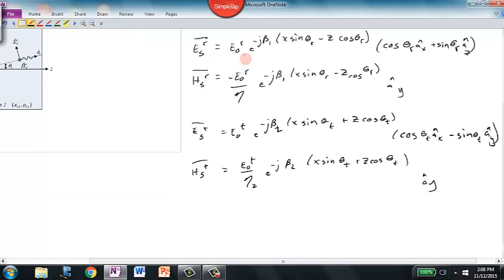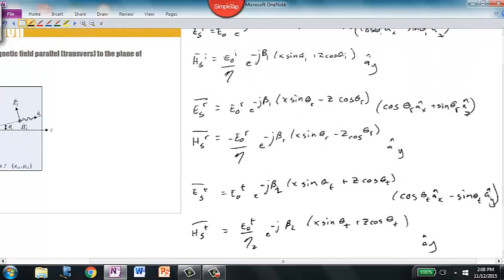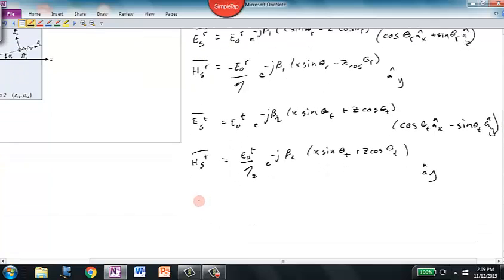We can relate E0I and E0R, and E0I and E0T, through the reflection and transmission coefficients for the TM mode. And so E0R is equal to the reflection coefficient of the TM mode times E0I.